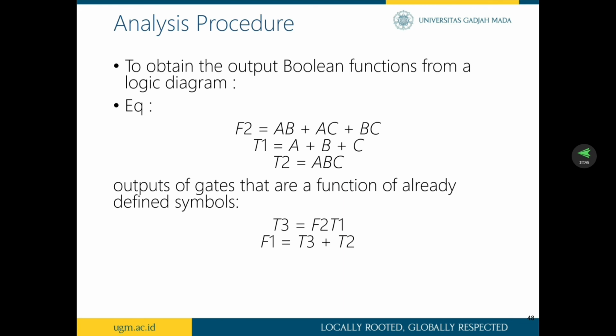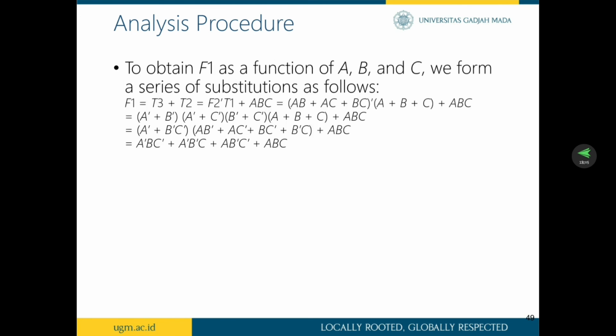Outputs of gates that are functions of already defined symbols: T3 equals F2 dot T1, and F1 equals T3 plus T2. So to obtain F1 as a function of A, B, and C, we form a series of substitutions as follows.